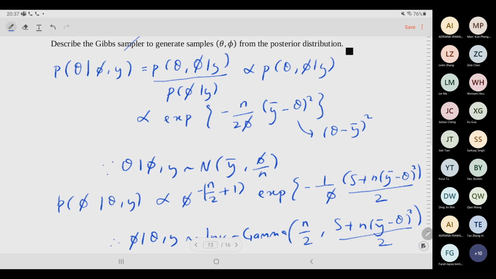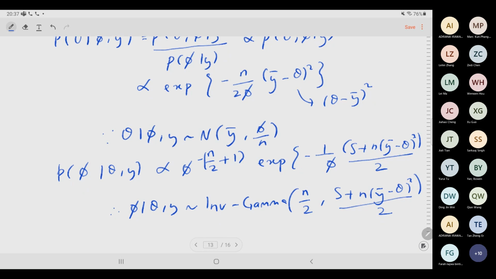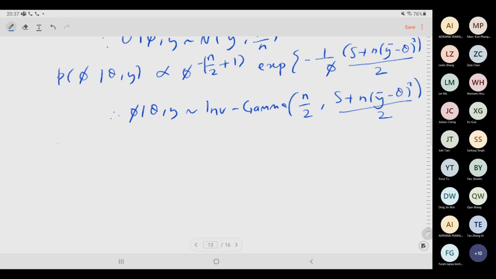Your phi inside the conditional posterior is as if it is a constant, and if you have phi given theta, it is as if your theta is a constant also. So when you do the Gibbs sampler, of course, first you have to choose your initial value.